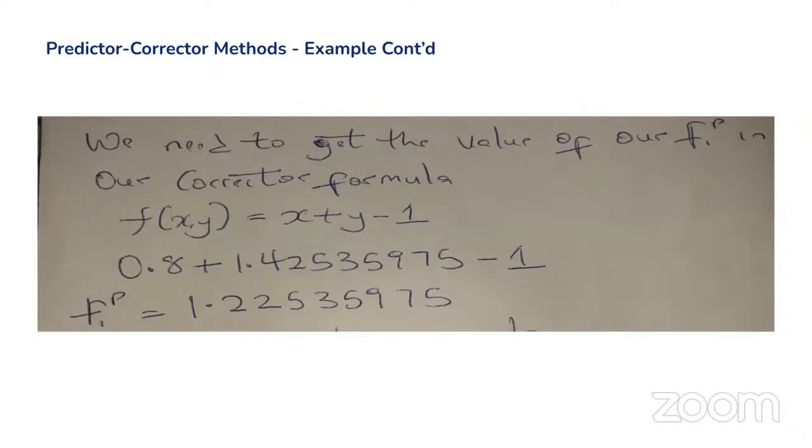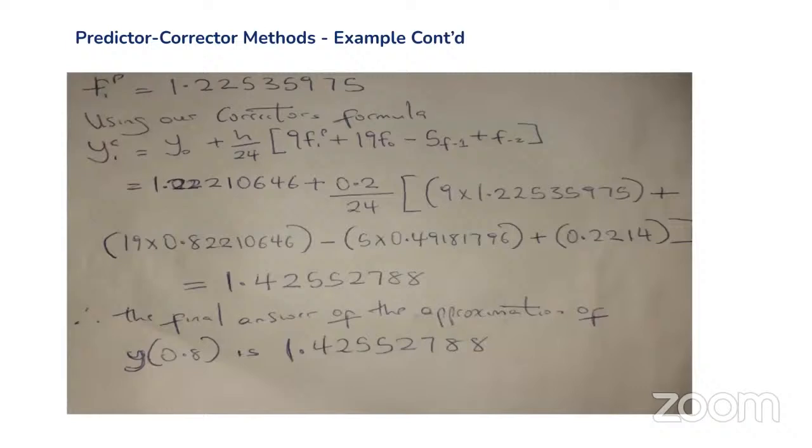So using our corrector's formula, this is the formula y subscript 1c, which denotes the corrector, then y naught plus h divided by 24 brackets f subscript 1p, which is the value that we solved for after getting our predictor's value, plus 19 f subscript 0 minus 5 f subscript minus 1 plus f subscript minus 2.